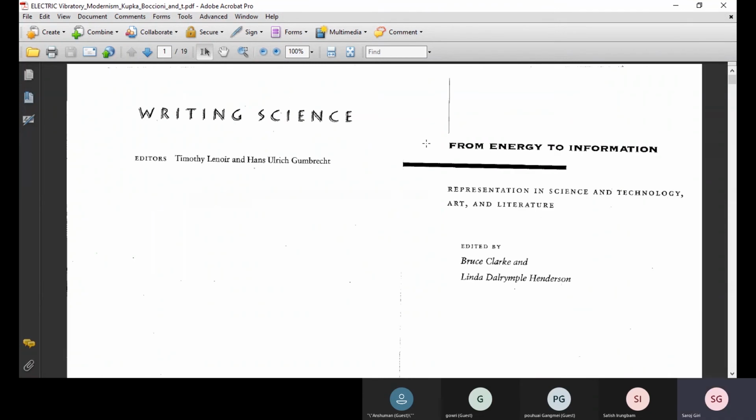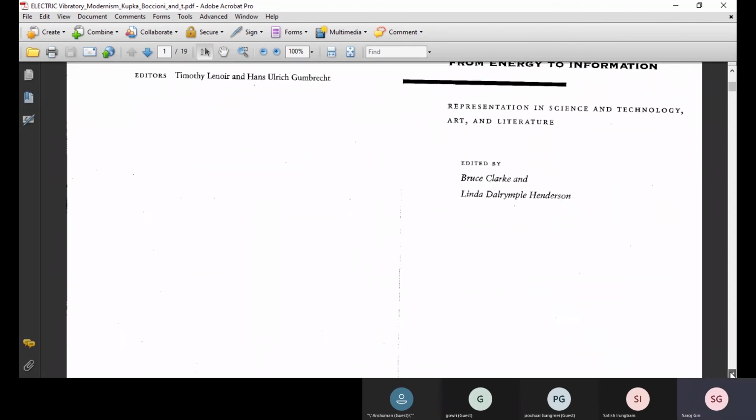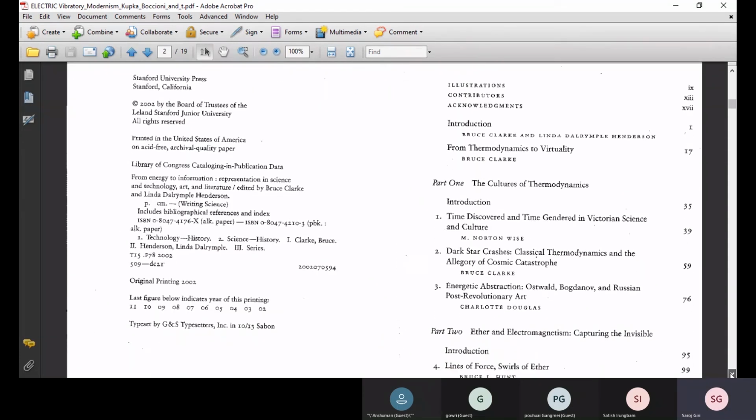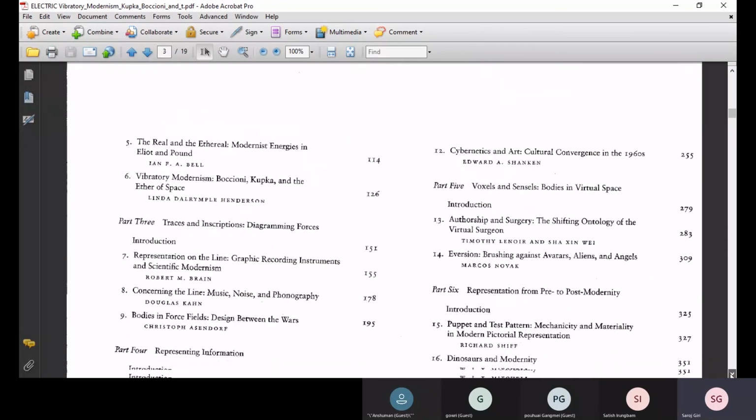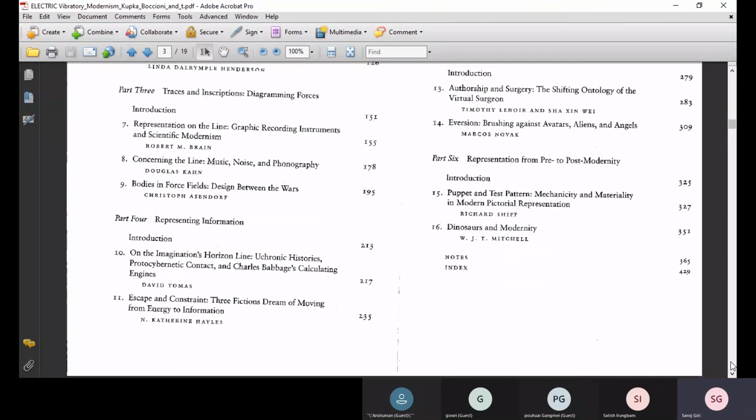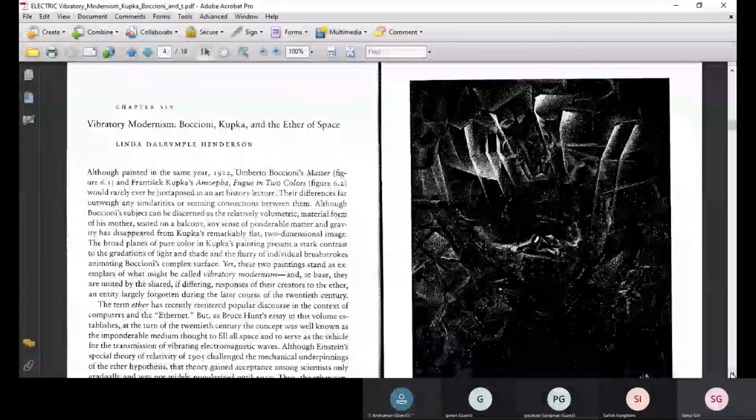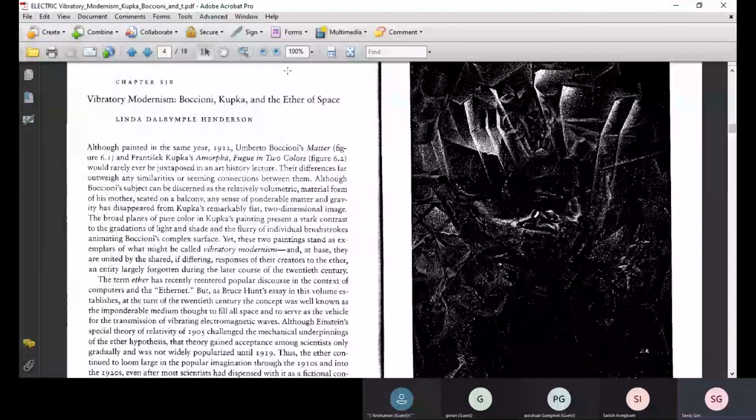And that's why you see this book is titled From Energy to Information. Now, I don't know whether in the 19th century, and all this time, they imagined this transition from energy to information.